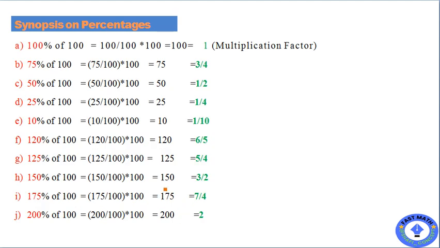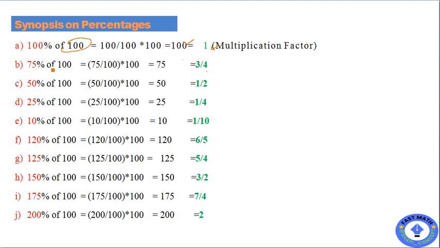Finally, the synopsis for easily calculating these percentage problems. For example, 100% of 100, taking 100 as a base, is 100 by 100 into 100, that is nothing but 1. Whenever you are given any problem, in the place of 100, if you have given 600, it will be 600.